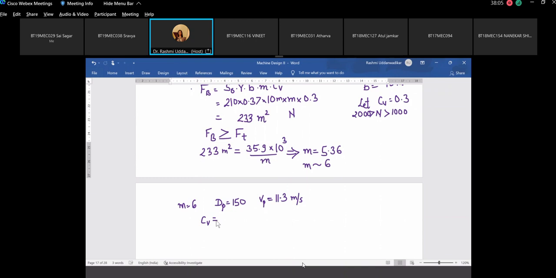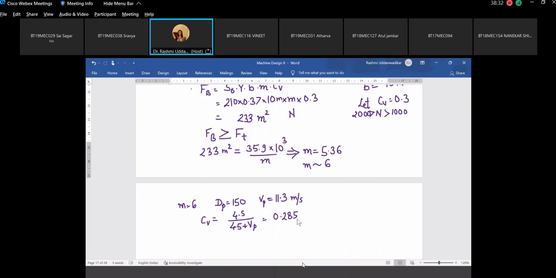The formula for CV is 4.5 upon 4.5 plus VP, which gives a value of 0.285. What was the assumed value? It was 0.3. And what is the actual value? It is 0.285.